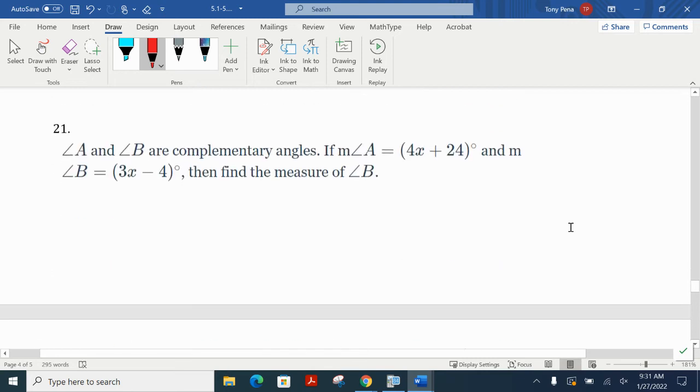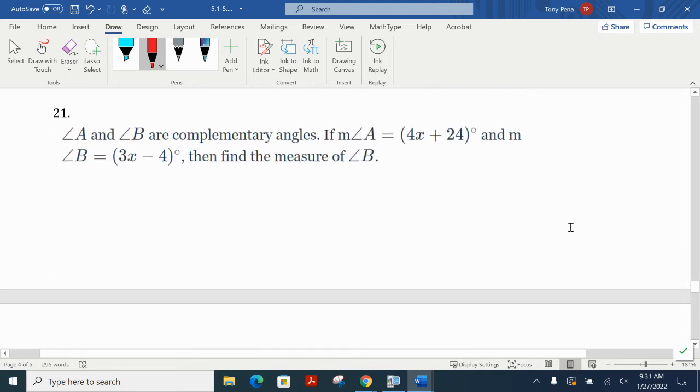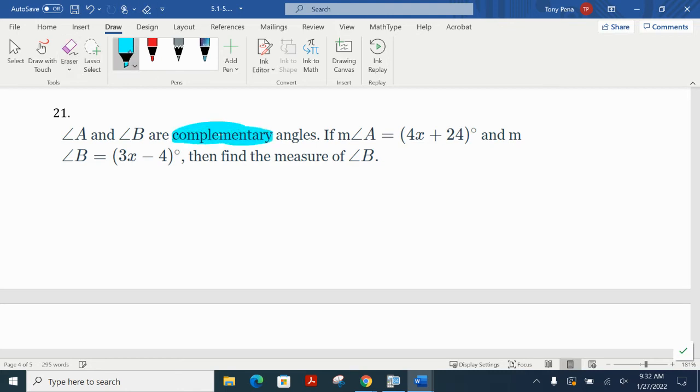And then let's make sure we do one of these. Now, these are our most recent things. I had to do a little quiz on this yesterday, so you should have seen plenty of these yesterday. When I tell you that angle A and B are complementary, Lily, what's complementary mean? Good. So those add up to be 90 degrees.